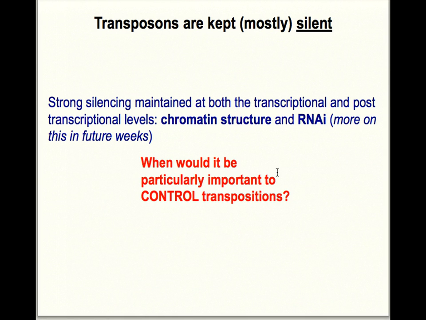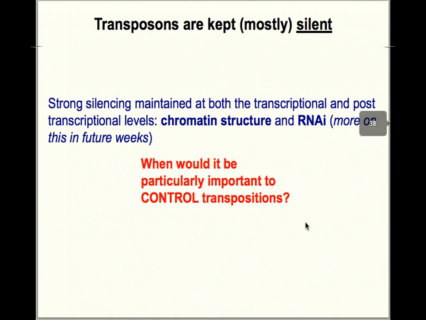Another potential answer is, well, if transposons are just jumping all over the place and copying and pasting all the time, then eventually the genome is going to be nothing but transposable elements and none of the good stuff, basically. All these resources, all of this energy, it takes energy to copy and paste genes and move them around. All this energy is going to be wasted on essentially a parasitic activity and not on essential functions, and the organism is going to die.